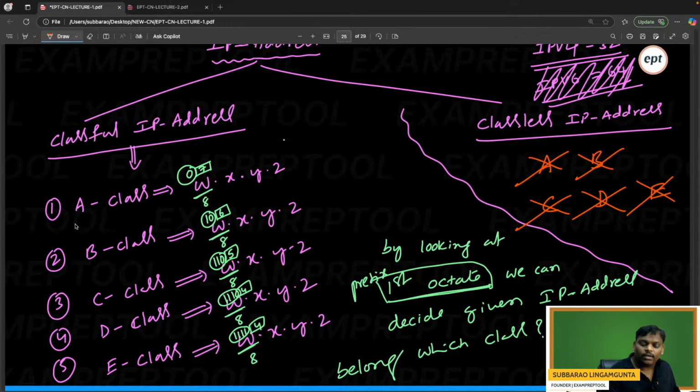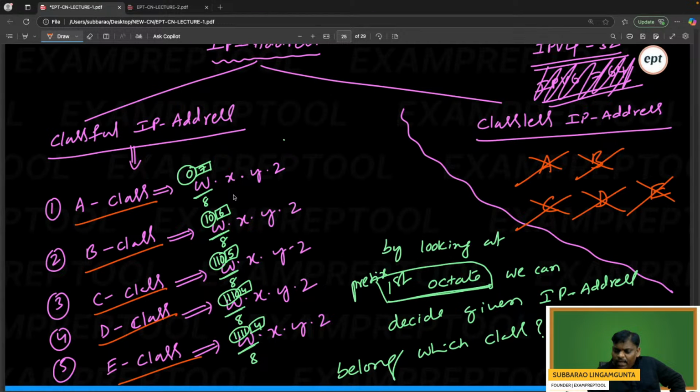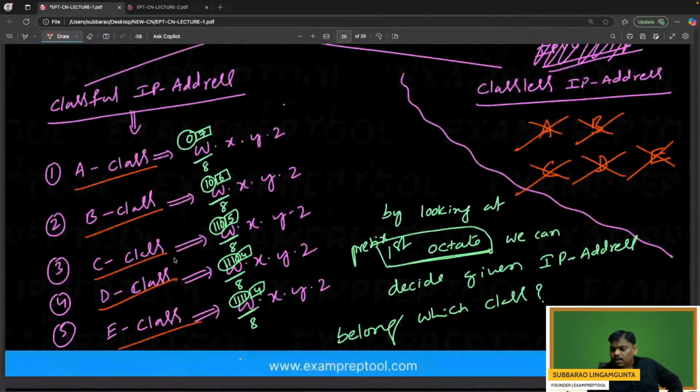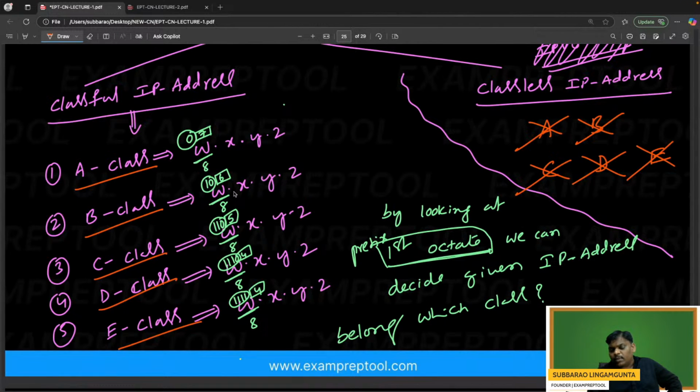How many? 5 classes are there: A, B, C, D, E. Sir, you are saying 5 classes. Every IP address is in the w.x.y.z format. Then why these many classes? How do I know a particular IP belongs to which class?